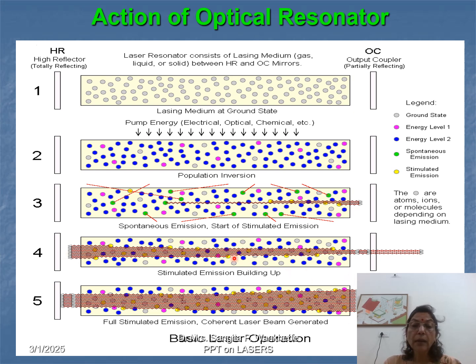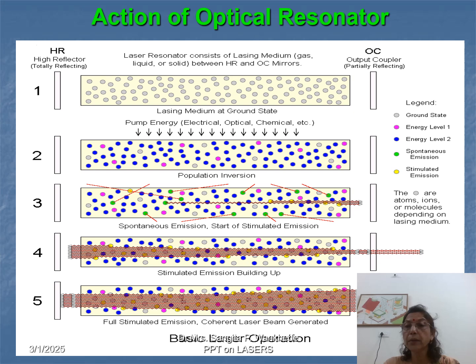Then light amplification will start, light oscillations will begin through optical feedback, the photon density will increase, and finally these oscillations build up.